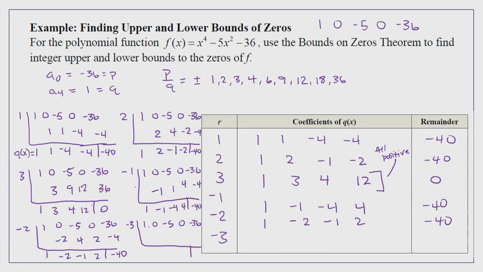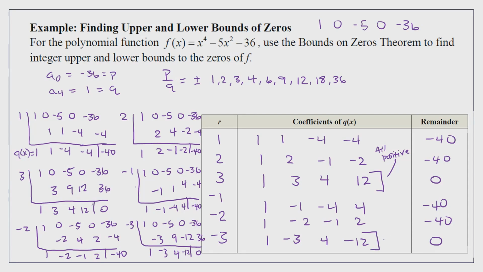So let's try -3. So 1, -3, multiply, then add. So it's 4, -12, 12, -36, and 0. So we have 1, -3, 4, -12, and 0.